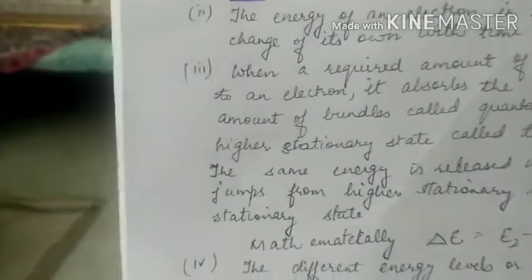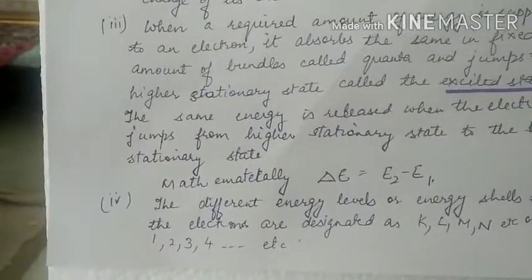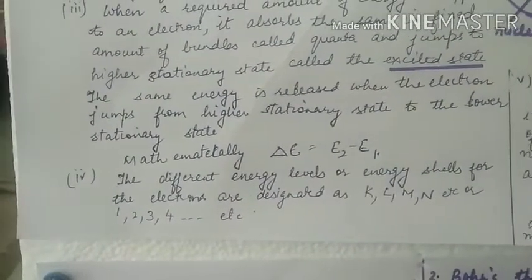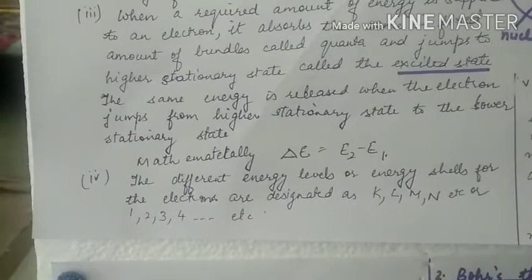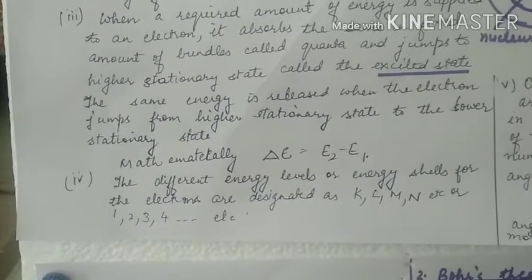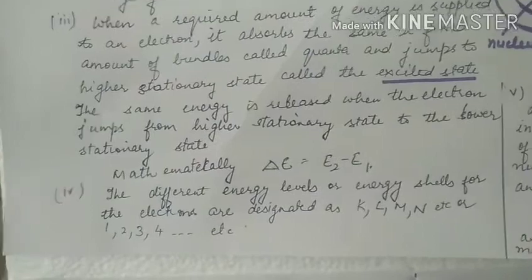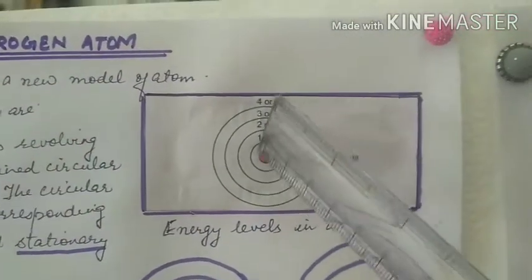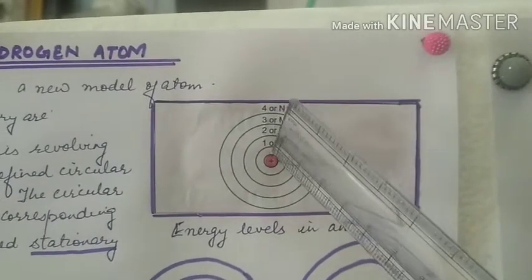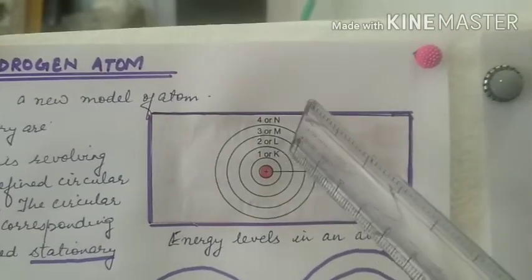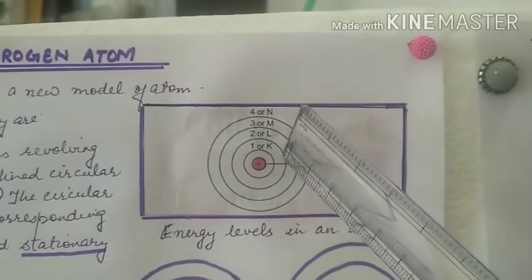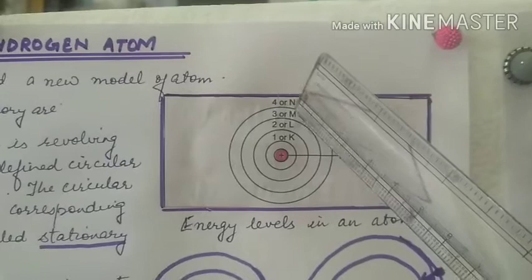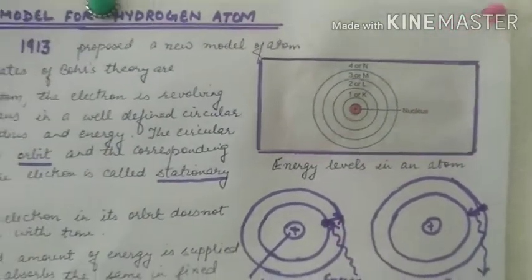Then the different energy levels or energy shells for electrons are designated as K, L, M, N, etc., or 1, 2, 3, 4, etc. So here you can see that the orbit next to the nucleus is the first orbit, n is 1, or it is also called K shell. Similarly, second is called L, third is called M, fourth is called N.